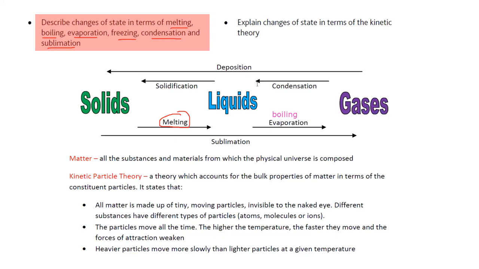But first, we are only discussing the changes in the state. So when a liquid is changing into gas, we can call that boiling, or we can also call that evaporation. When a gas is converting into liquid, we call that condensation. When a liquid is converting into solid, we can call that solidification, or we can also say freezing.